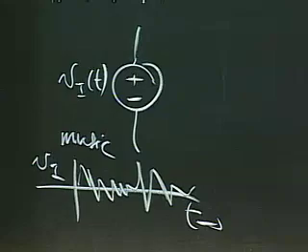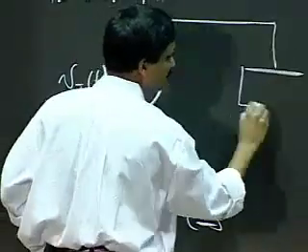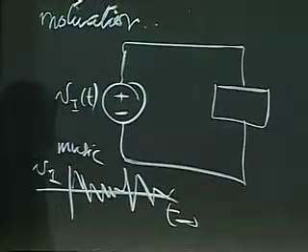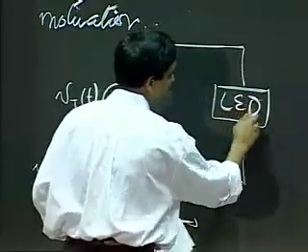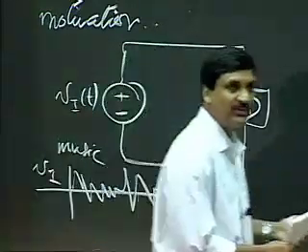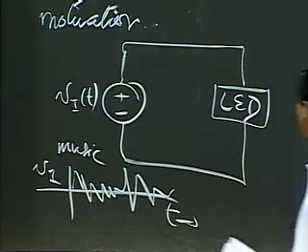Okay, some music signal, and I'm going to connect this to this device, which is a device found in garage door openers. I'm going to call it an LED. If you like, you can view it as very similar to our export dweeb. This is called a light emitting export dweeb. Okay, that's why it's LED.